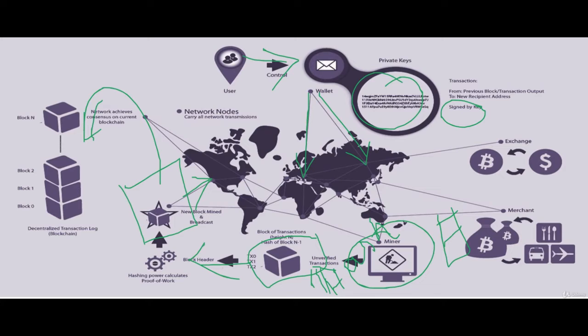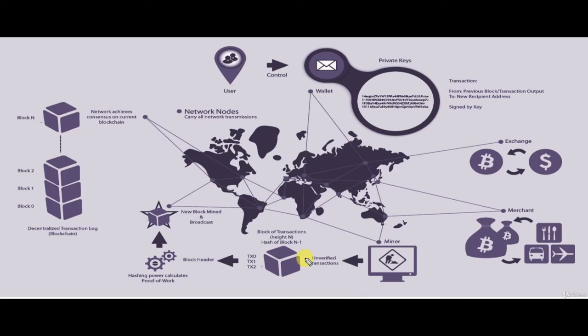This is how a miner creates a block, based upon the proof of work concept, because he will solve some mathematical problem or complex algorithm and then try to create a hash so that no one can modify or change that particular block. That is how miners work.